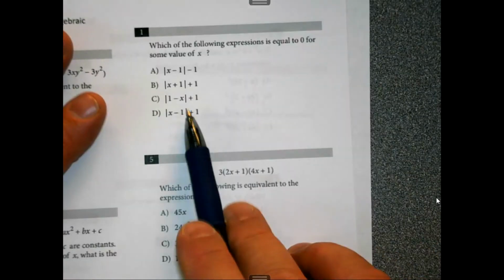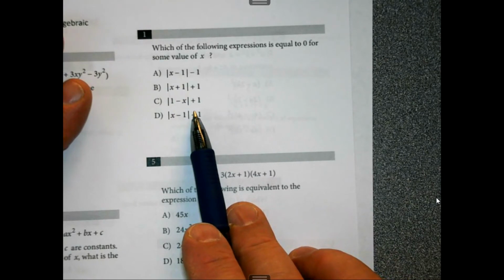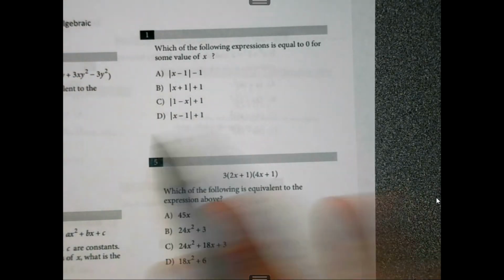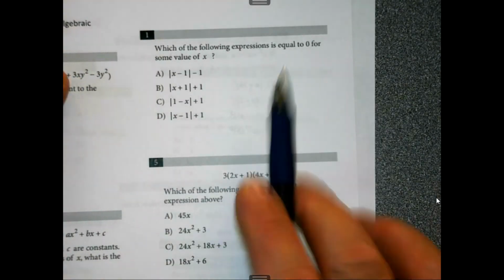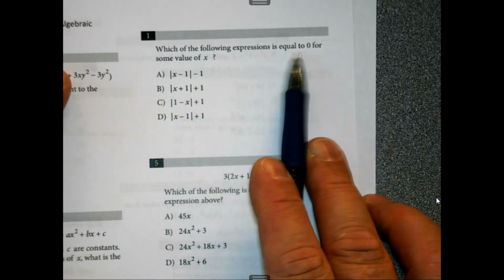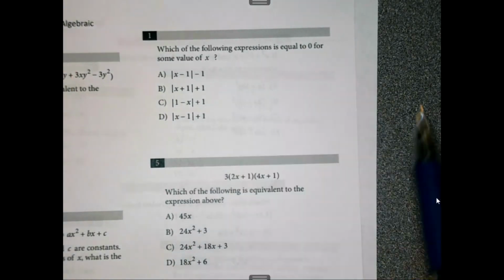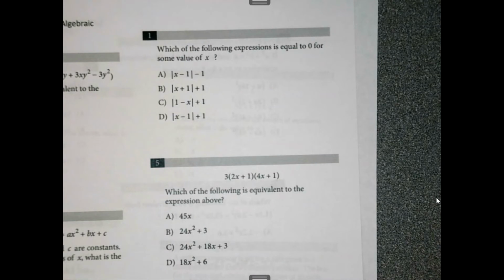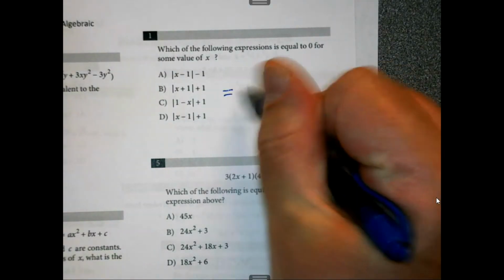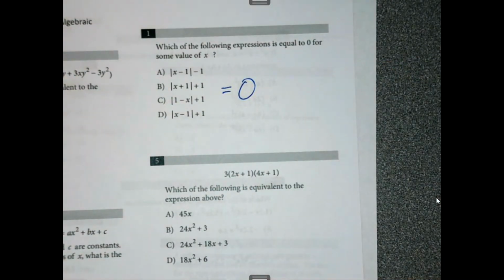On this one here, where I have absolute value, don't do any computations here. It says it is equal to zero for some value of x. So you're going to plug in a number for x, and then one of these is going to equal zero. What do we know about absolute values? How do we drop absolute value bars? Anything that comes out of absolute value is positive.